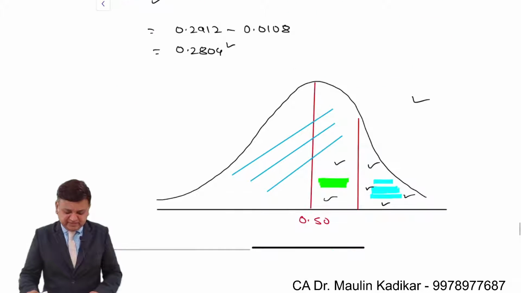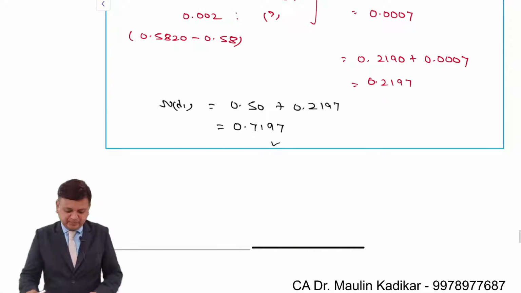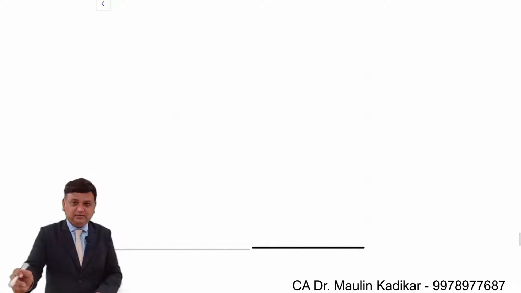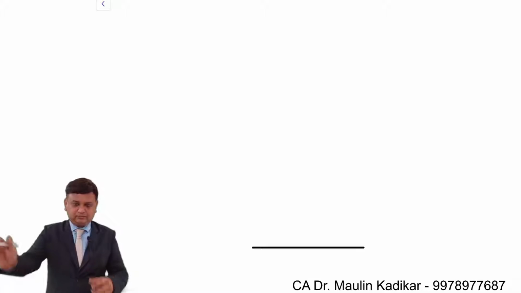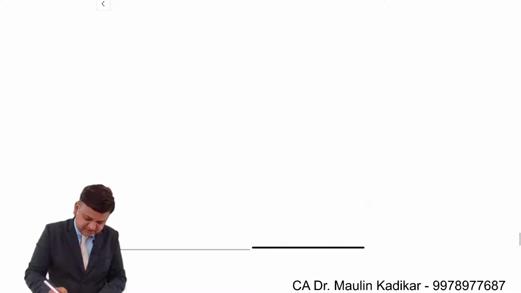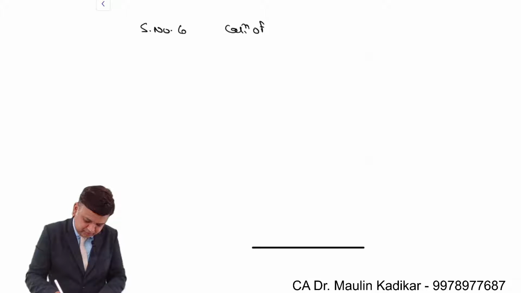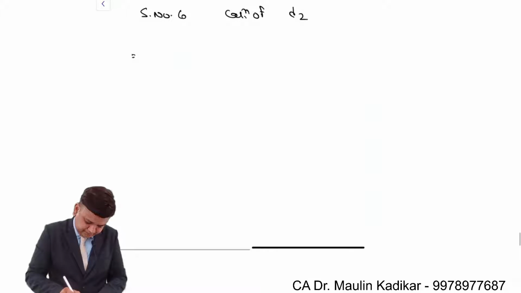So step number 5 is like this, which you can do by either of the methods. Step number 6, calculation of d2. It is d1 minus under root of time period into standard deviation.